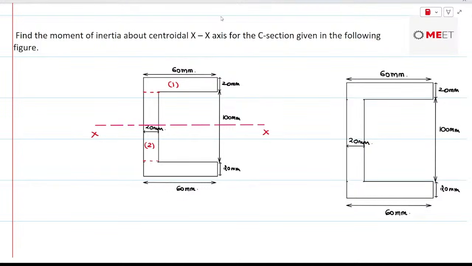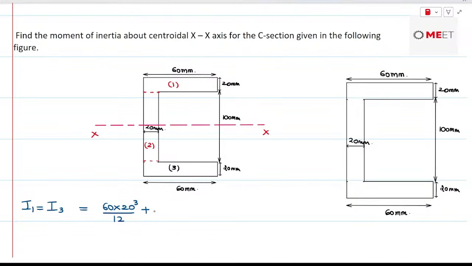Here rectangles 1 and 3 are identical, so I1 and I3 will be equal, and that is equal to the base 60 and the height 20 divided by 12. Remember that the dimension which is perpendicular to the x-axis must be raised with the power of 3, that is 60 into 20 cube divided by 12.